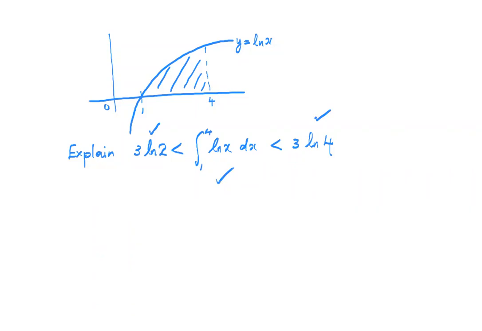So first of all, you have to explain the meaning of this. You have to say what the integral from 1 to 4 of ln x dx is. That is called explain. Now go and explain.